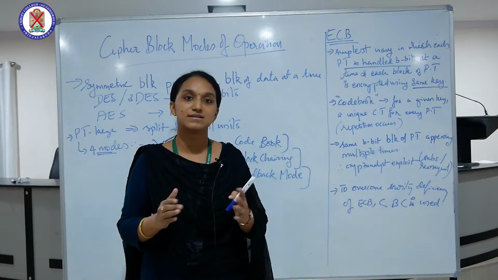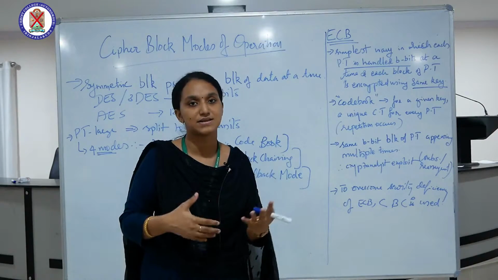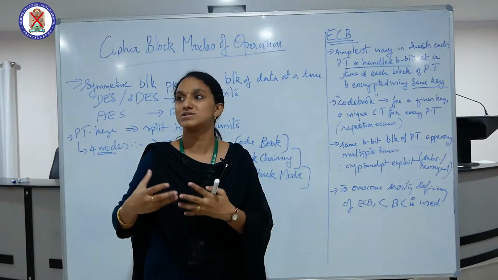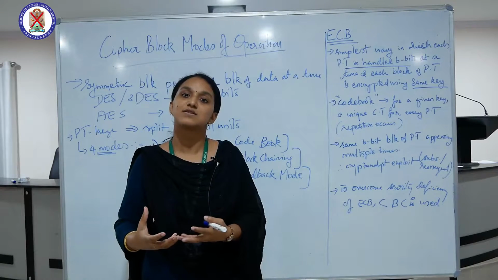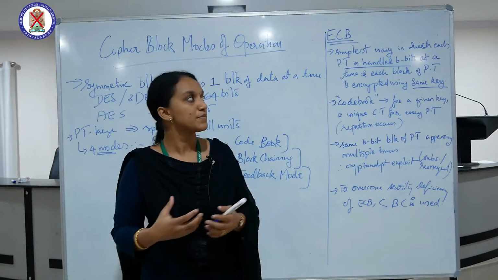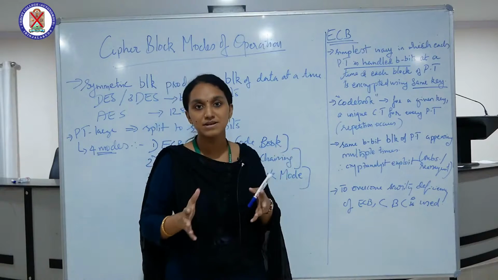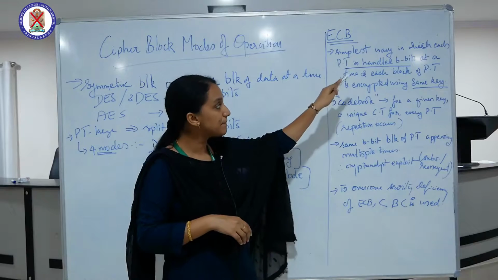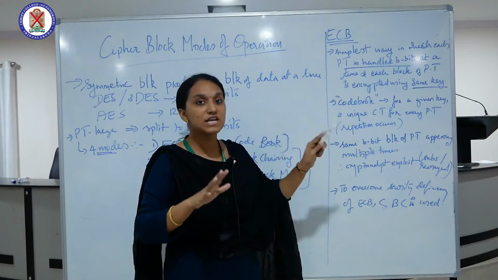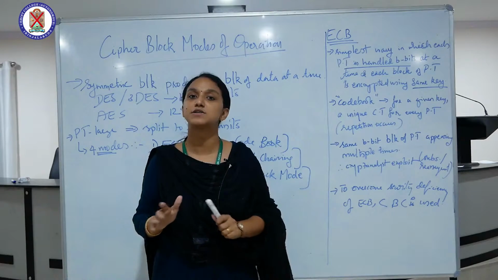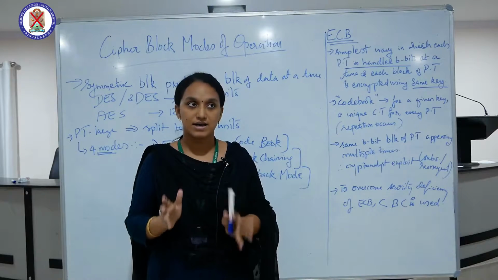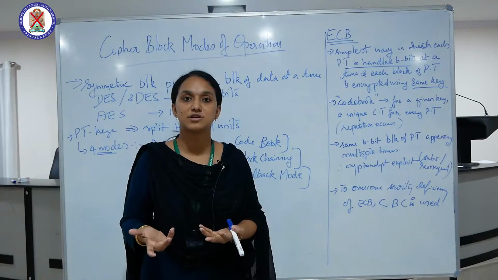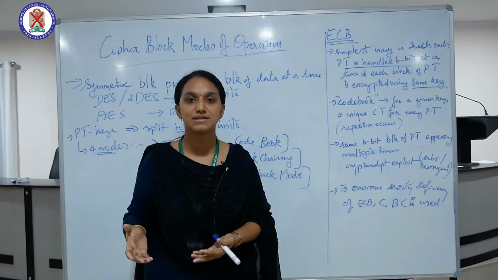In short, plain text is the original message which we send from the sender to the receiver, and the scrambled message which tightens the security is called the ciphertext. Each block of plain text is encrypted using the same key. Same key is nothing but symmetric encryption, which we have been dealing with all these classes.